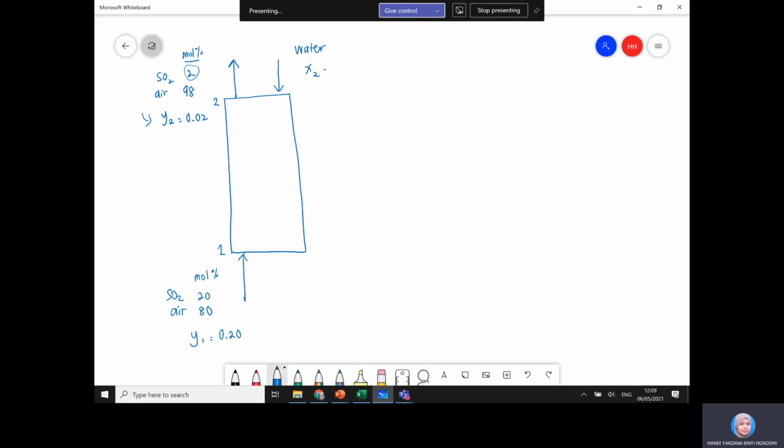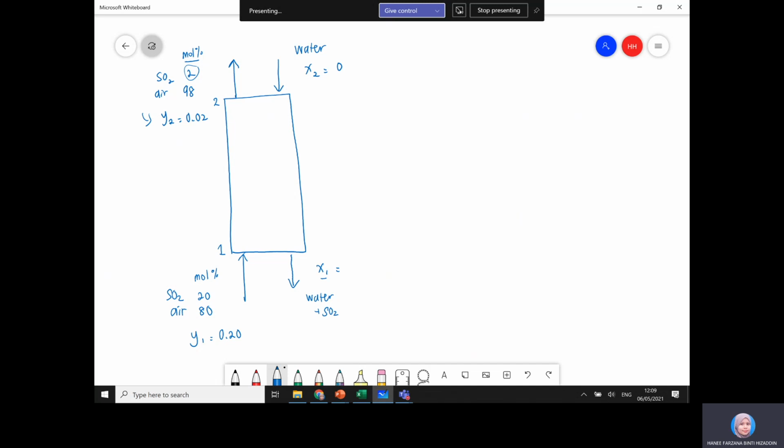X2 here is 0 because you don't have any SO2 in the water, because we're using pure water. However, the outlet water will have absorbed some SO2 from the incoming air. So you will have some concentration of SO2 in the water outlet. Here you have water plus SO2 absorbed. This X1 only refers to the concentration of SO2.